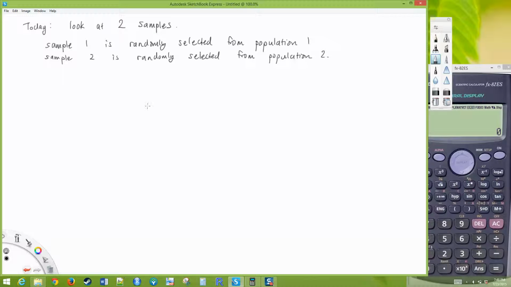And the question we want to know is: is the mean of population 1 different from the mean of population 2? So mean of population 1 we will write as mu1.